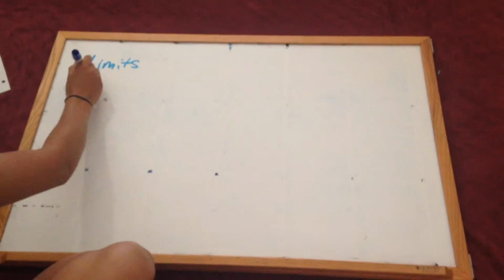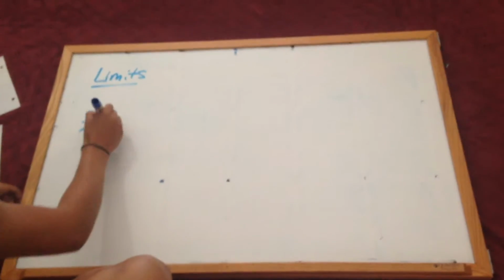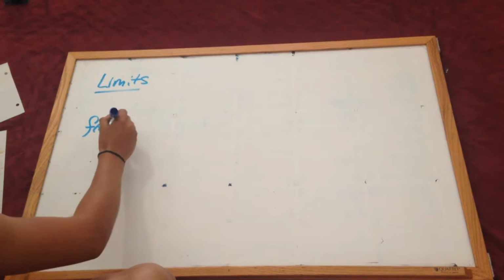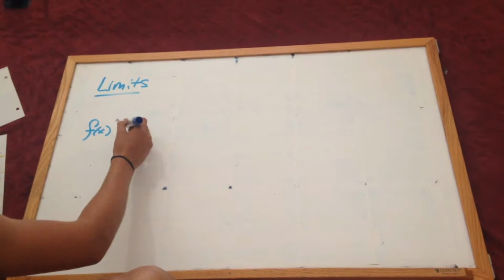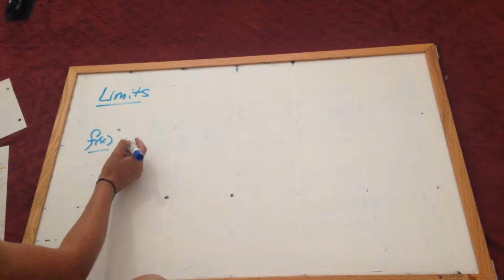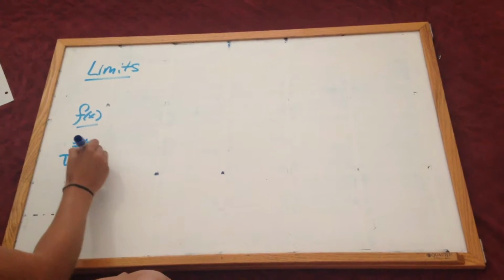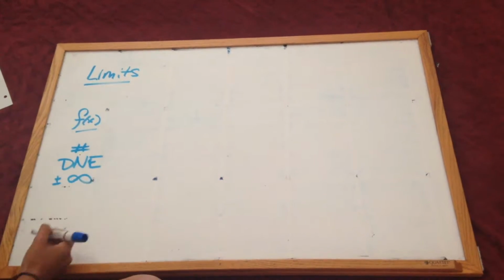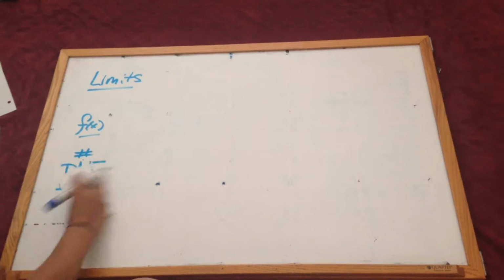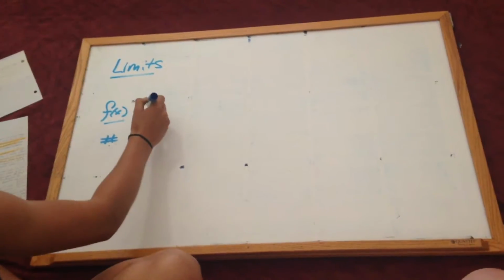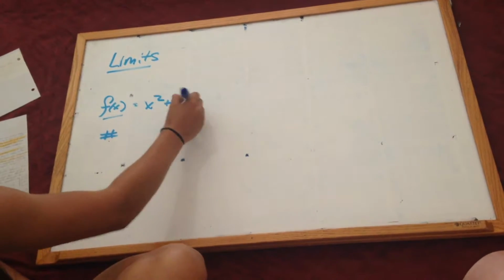So a limit is just any point on a function where the function approaches said point, and even if it's not on the graph f of x, it's just where the point would be. A function's limit can either be a simple number, not exist, or a value of positive or negative infinity. To start off with the number, we have a simple function f of x equals x squared plus 2.